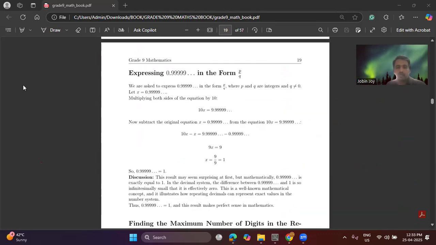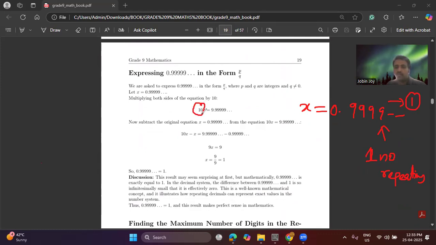Same thing here, same problem. Here again, x equals 0.999, etc. One number is repeating. So this is equation number 1. Then you have to multiply with 10. Why do you multiply with 10? Because one number is repeating. This is equation number 2.